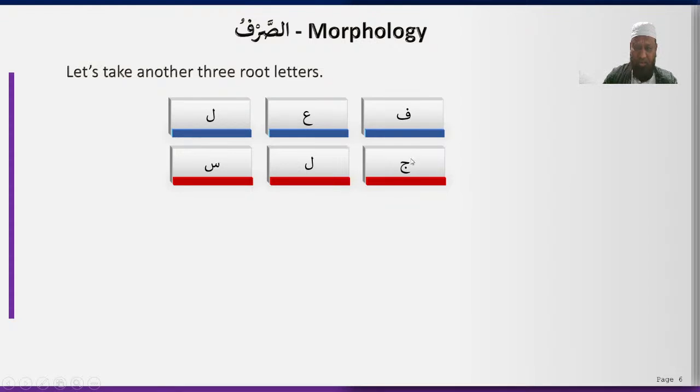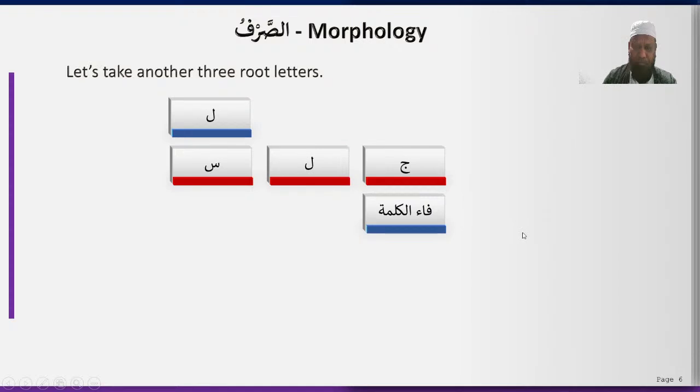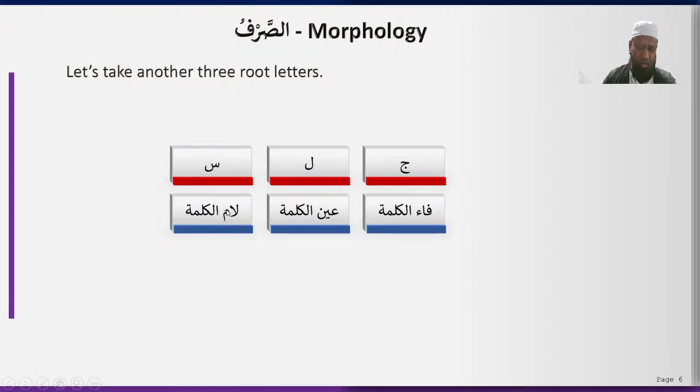So the jim is called the fa'ul kalima. The lam is called the aynul kalima, and the sin is called the lamul kalima because it was in the place of lam. So jim was in place of fa'ul kalima, lam was in place of aynul kalima, sin was in place of lamul kalima.